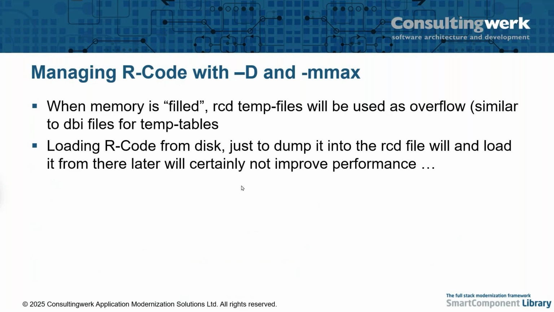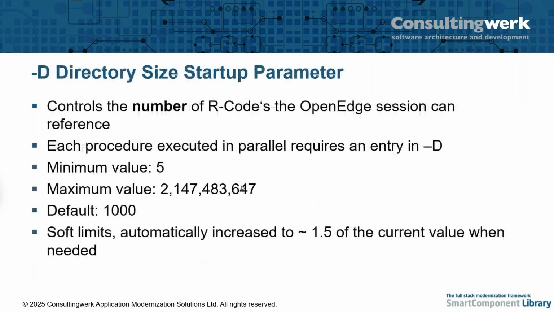I think it's pretty obvious that if you load R code from disk for executing it, have it in memory for a short period of time, and then when that memory is full, dump that R code to disk just to read it from the temp file very soon after, that's not going to help improving the performance. So that's why keeping an eye on these parameters is relevant.